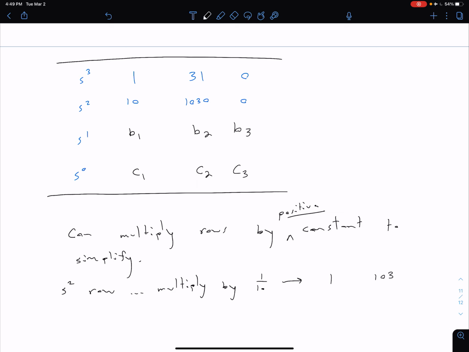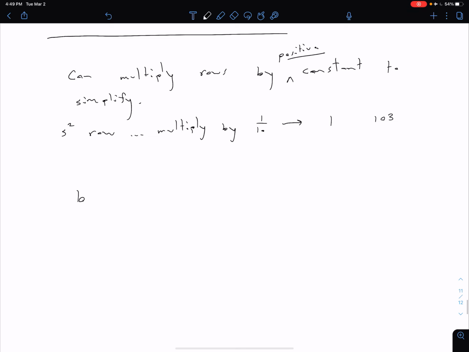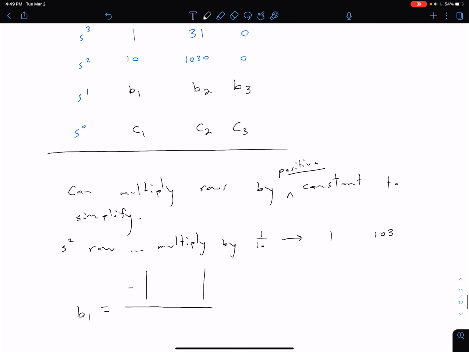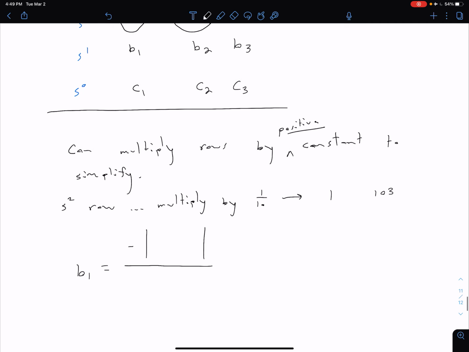So the next step is to calculate these other black coefficient values using the general equation we talked about in the previous video. Let's start by calculating our B1 value. Remember, we're going to have the negative of some determinant of a 2 by 2 matrix divided by some constant value. For our B1, this is our first column, this is our second column. So we have 1 and 10, and we have 31 and 1030.